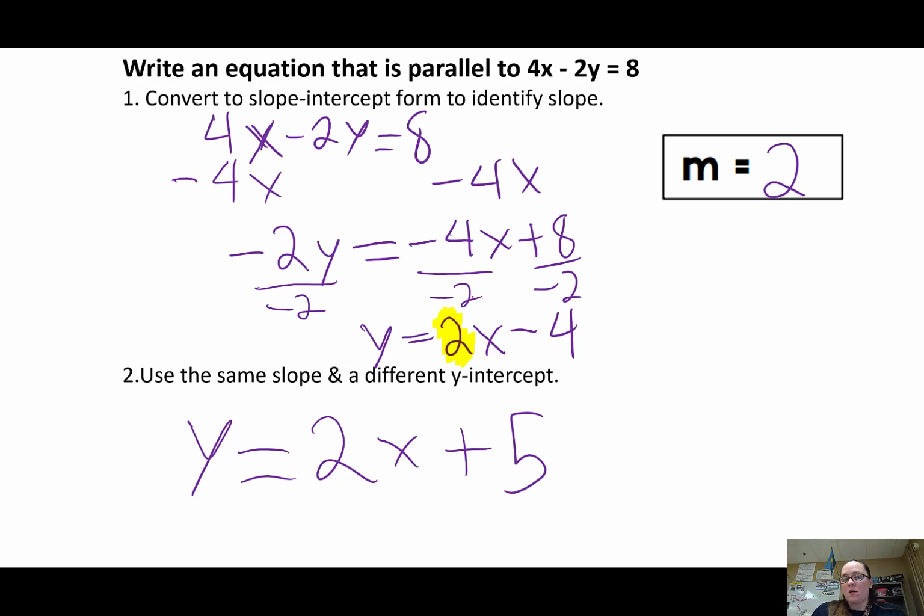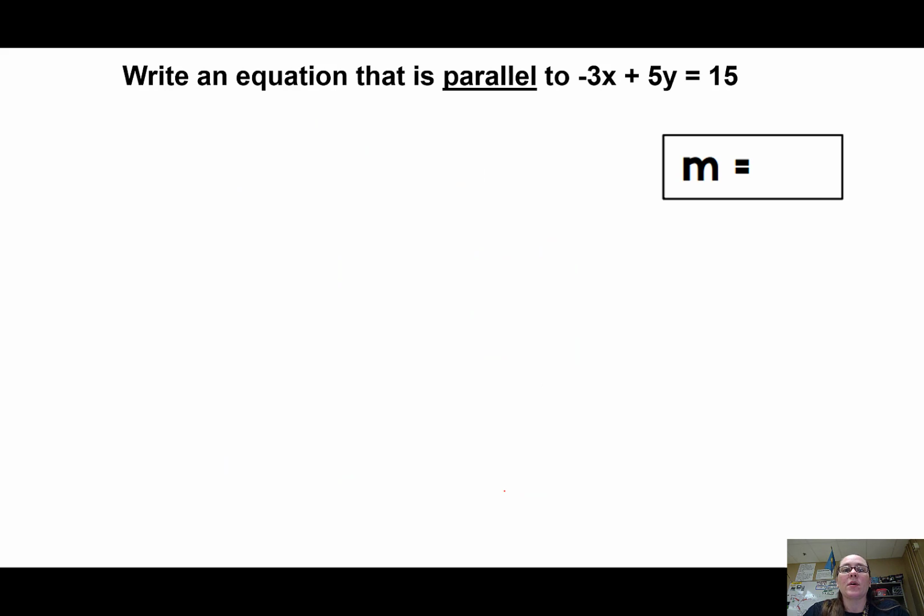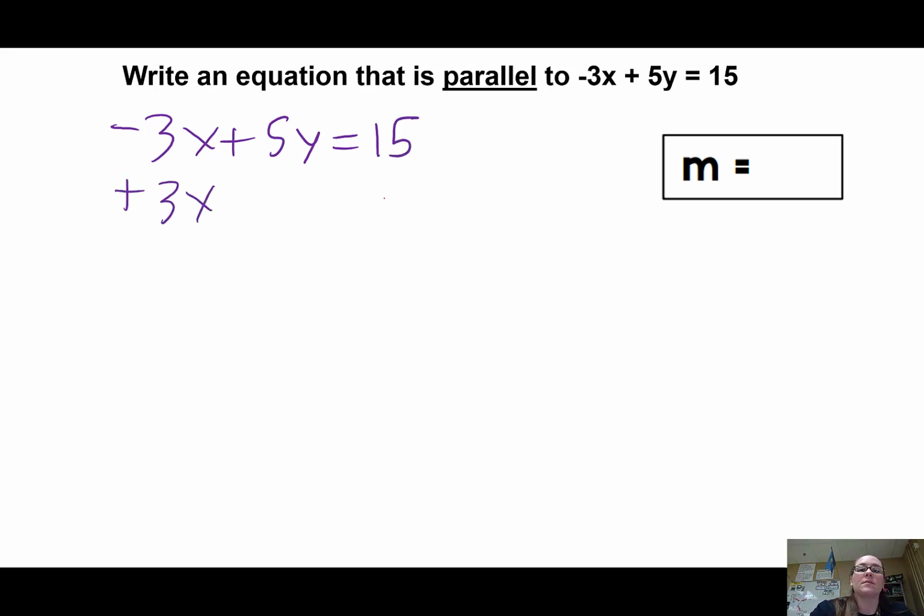All right, let's try another one. We're going to write an equation that's parallel to negative 3x plus 5y equal to 15. So negative 3x plus 5y equals 15. First thing we're going to do is move the x, leaving me with 5y is equal to 3x plus 15.